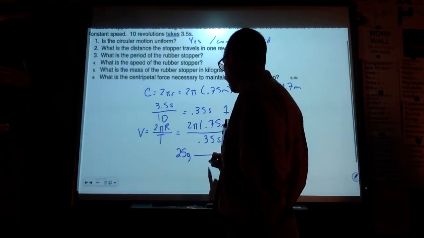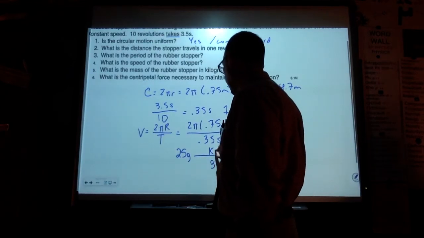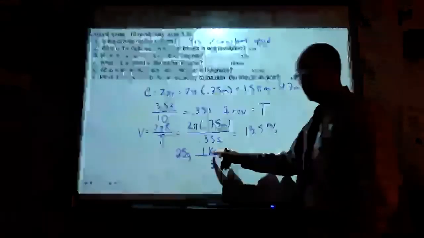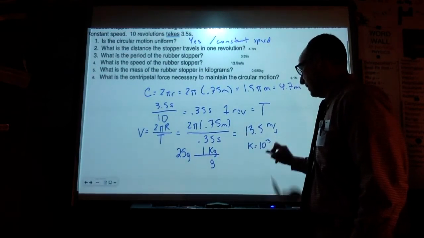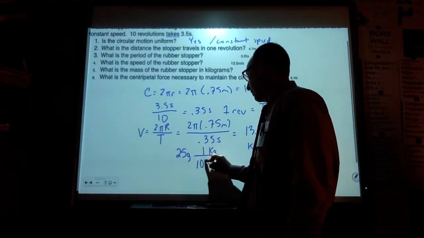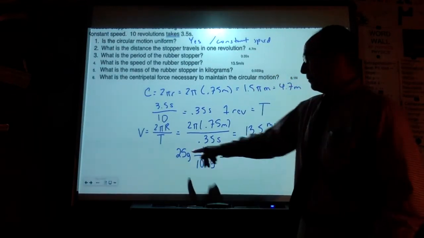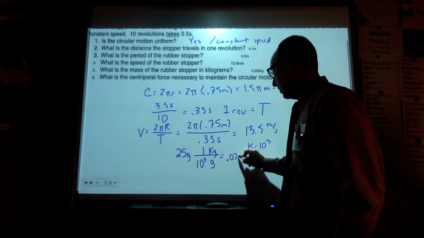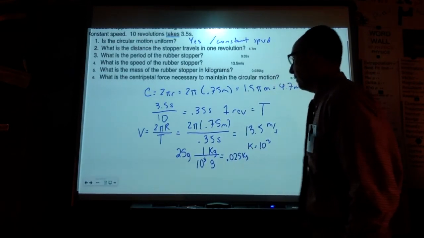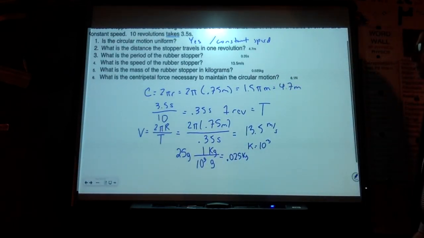I want to go to kilograms, so that's going to go up here. This prefix k is 10 to the third. So I'm going to have 25 grams divided by 1,000. And so this is going to be 0.025 kilograms.